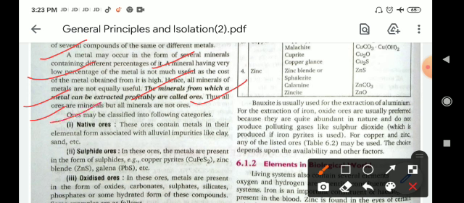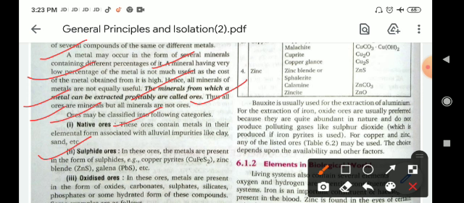Ores may be classified into the following categories. Firstly, native ores. These ores contain metals in their elemental form associated with alluvial impurities like clay and sand. The ores which contain impurities in the form of clay and sand are known as native ores. Second type are sulfide ores.